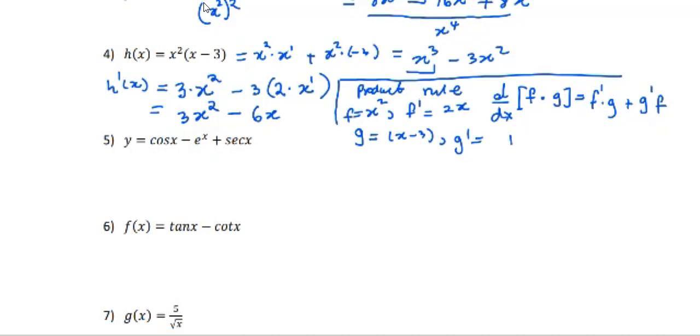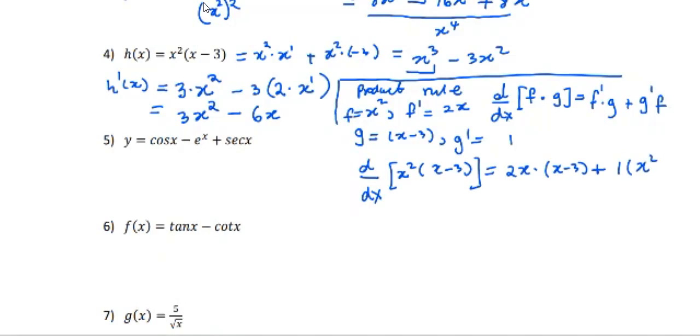Okay, so then if we do the derivative of x squared times x minus 3, well, this is just the derivative of f, which is 2x, times g, and g is x minus 3, plus the derivative of g, which is 1, times f, and f is x squared.